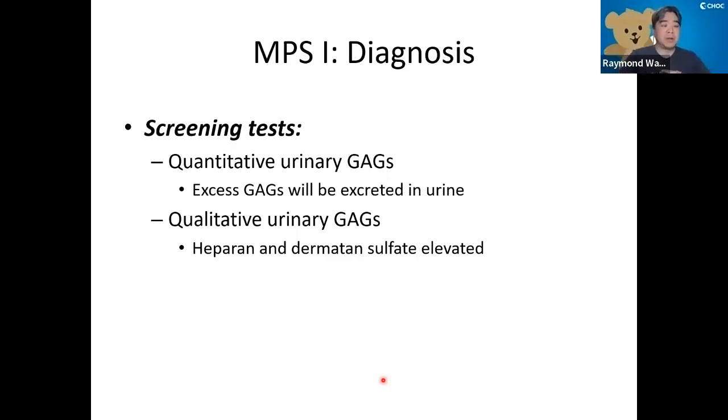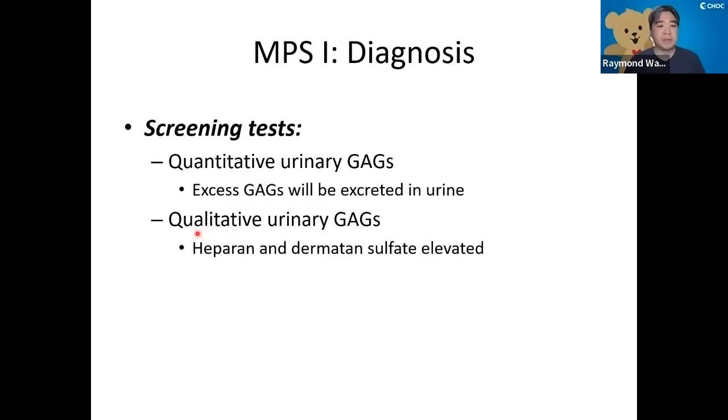So how do we identify a patient? There are a couple of ways to go about this. First, you can screen with quantitation of glycosaminoglycans in the urine. You can do total GAGs and quantify that the total GAG levels are increased in the urine.